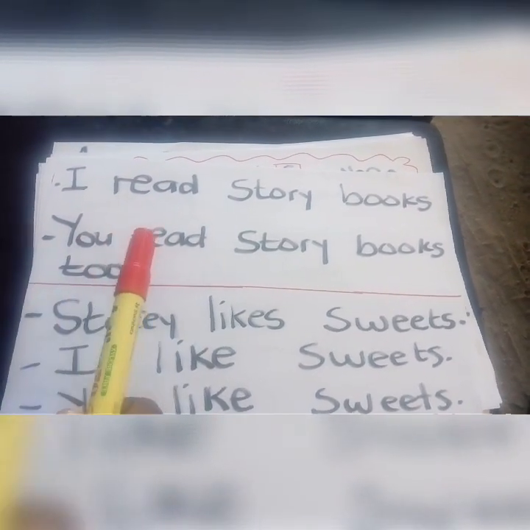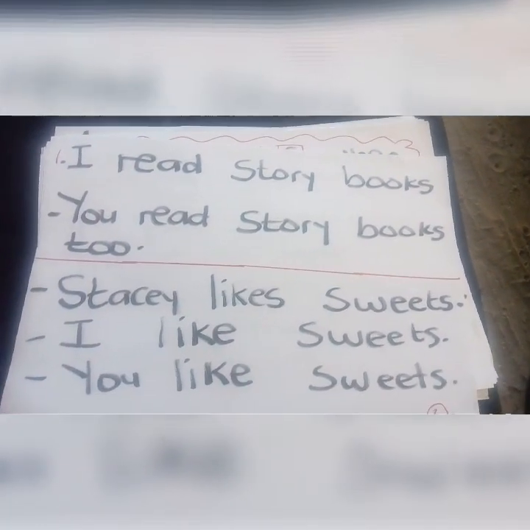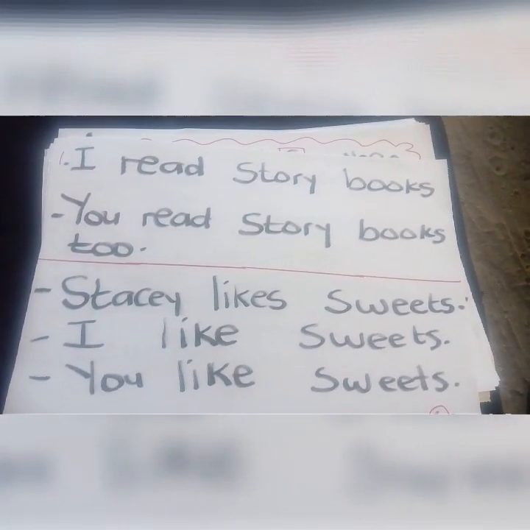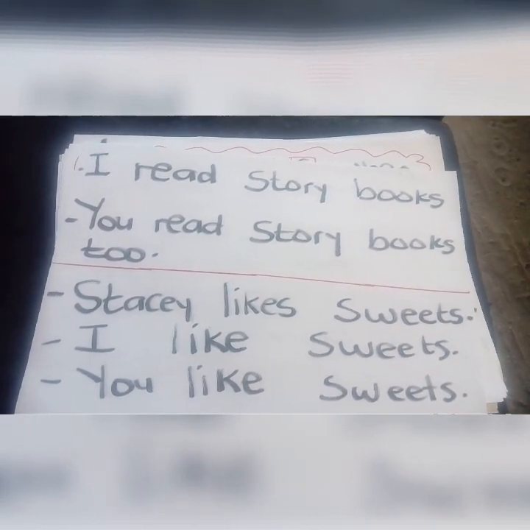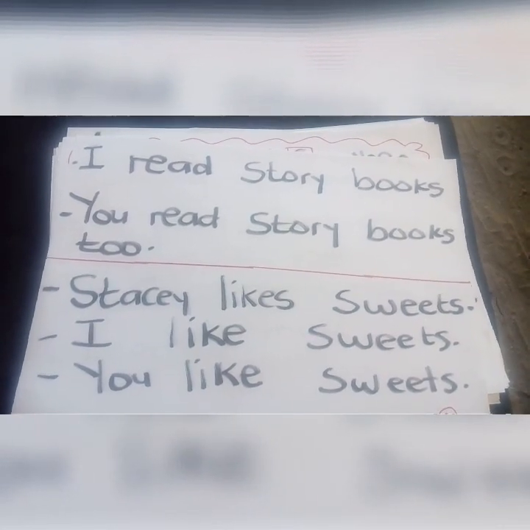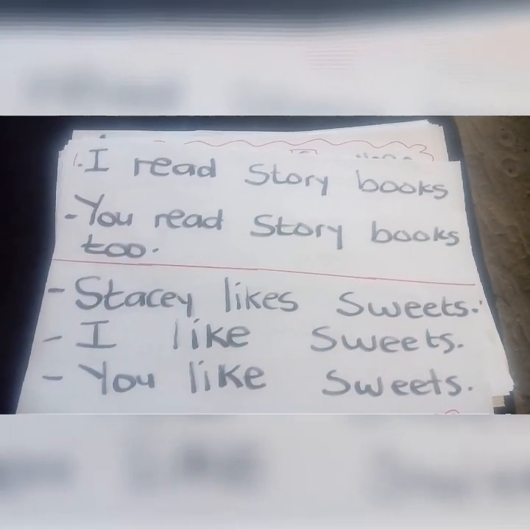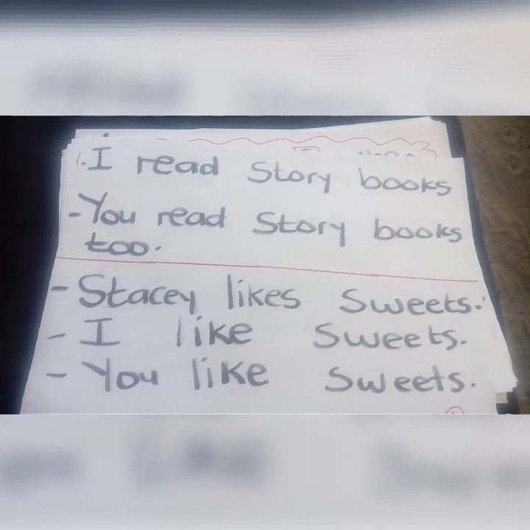You cannot say you reads storybooks, although these are singular. You just have to say you read storybooks. Some people want to say I loves you. No way. I is a rule breaker in grammar. So you don't add an s on the verb when you are using it.